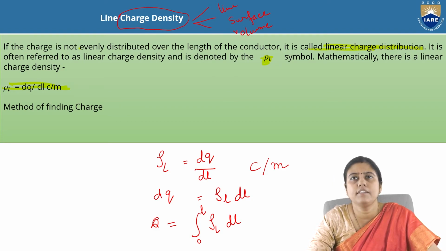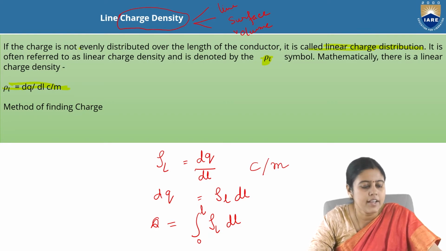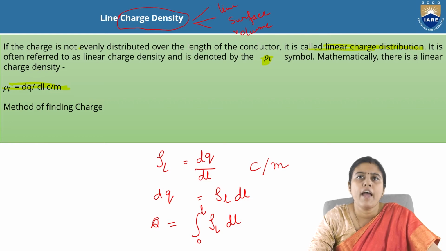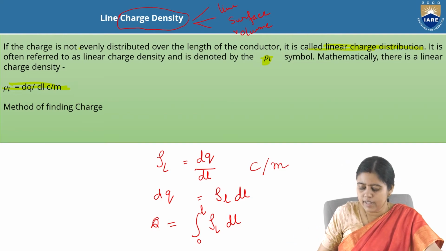And rho L is equal to dq by dl. The unit of dq is coulomb, length is meter, so rho L is coulomb per meter, and dq is equal to rho L dl. So total charge q is equal to the integration of rho L dl.